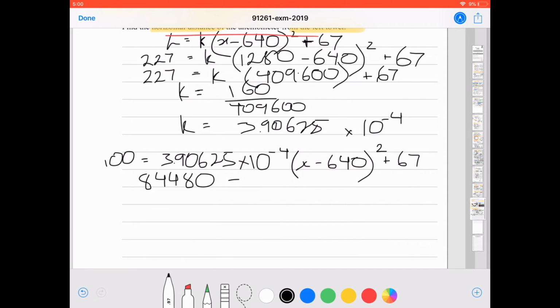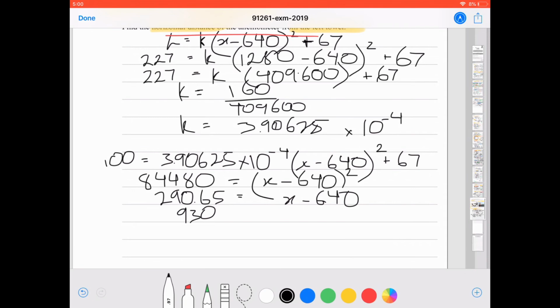That equals x minus 640 all squared. Let's square root the 84,480. So square root of answer is 16 root 330, which is 290.65 equals x minus 640. And so we're going to add 640. That equals 930.65 equals x.